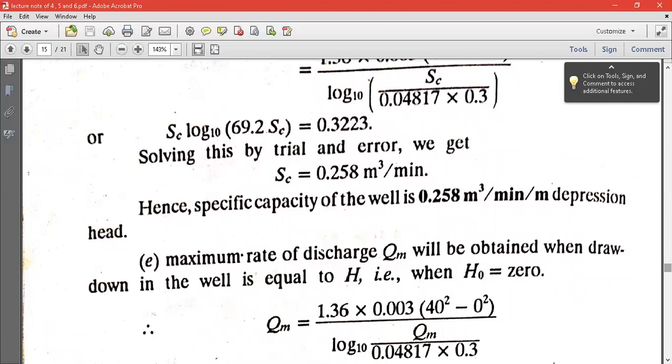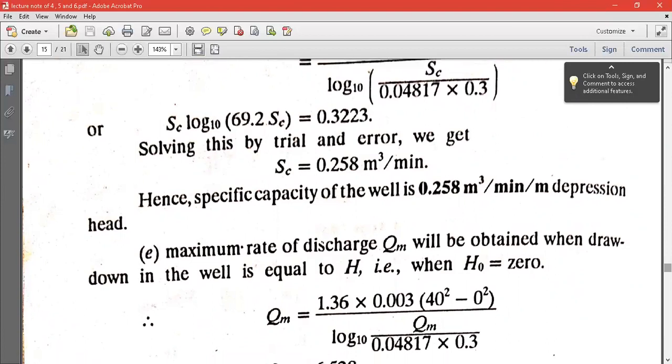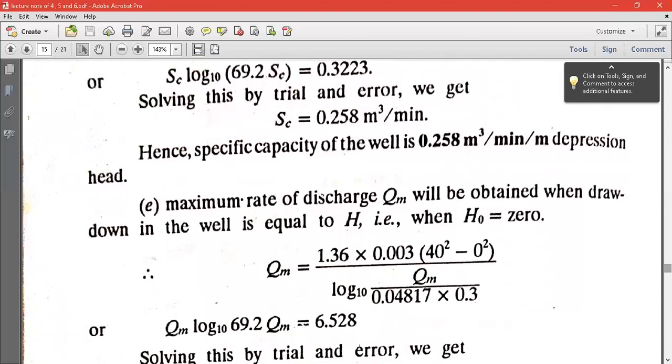Now the maximum rate of discharge QM will be obtained when the drawdown in the well is equal to capital H, that means the whole amount of capital H water will be drawn. So ultimately H0 is 0, so the second part of the square will be 0.